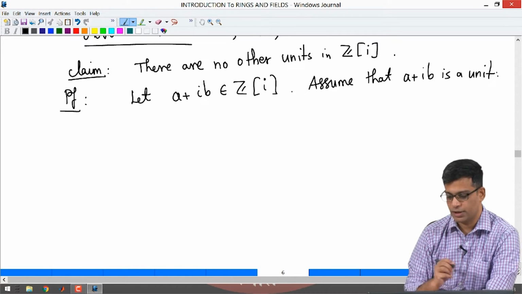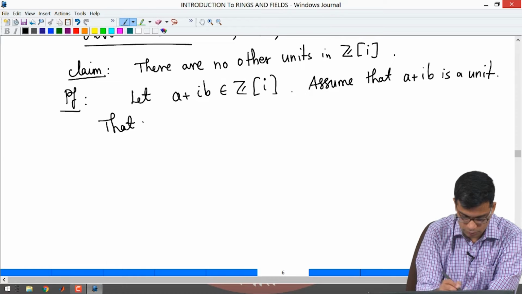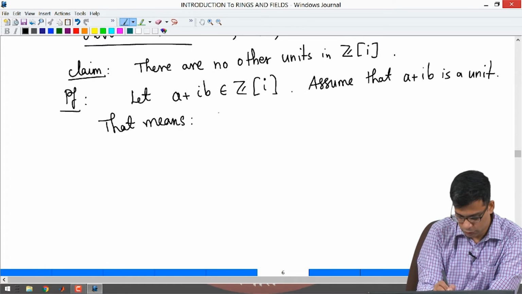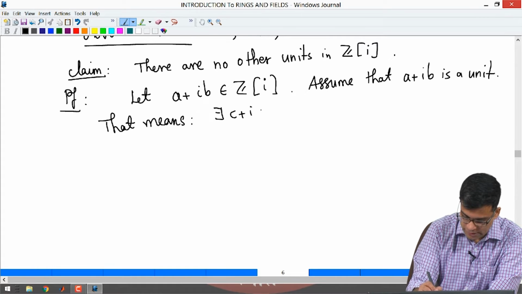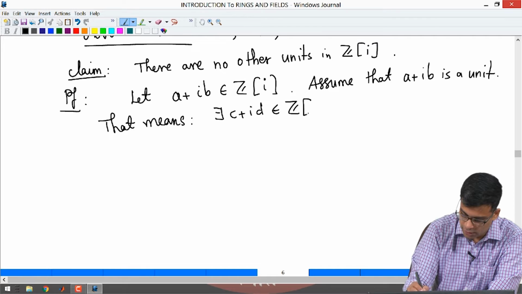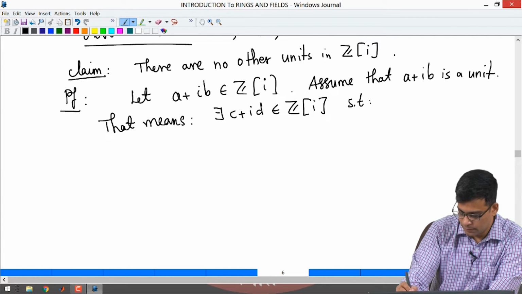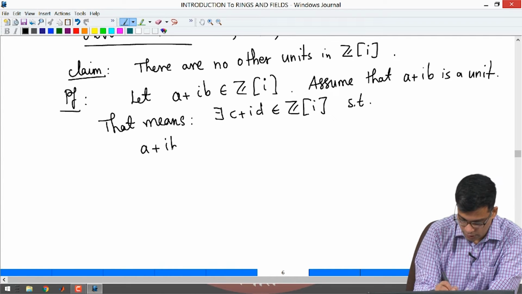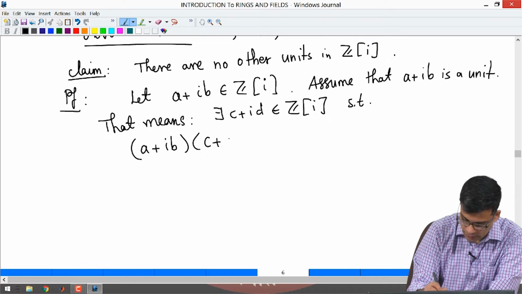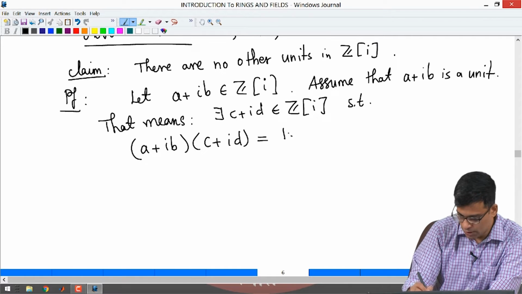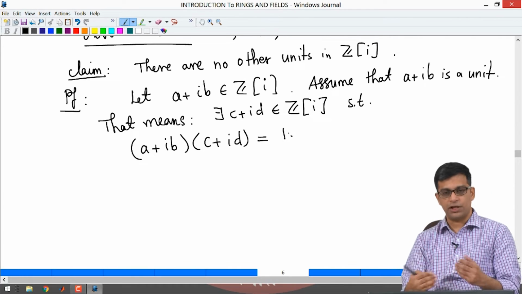Suppose that it is a unit, that means there exists c plus id, also in Z[i], such that (a plus ib) times (c plus id) is 1. This is exactly the definition of being a unit.